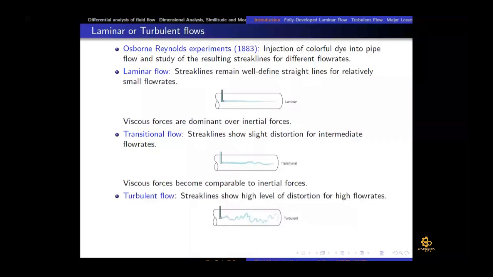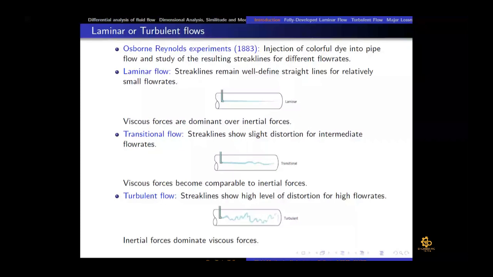That is the case when the inertial forces, which try to make the flow chaotic or random, become more dominant compared to viscous forces, which try to make the flow occur in a very streamlined fashion. So these experiments were conducted by Osborne Reynolds in 1883.